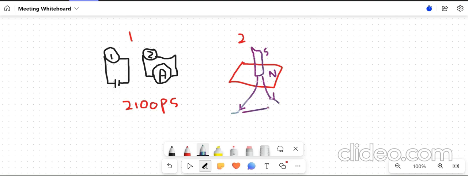If I bring that bar magnet near to the loop, I am making the field increase towards the loop. So we will learn a different concept right away. The magnetic field is pointing downward, increasing.